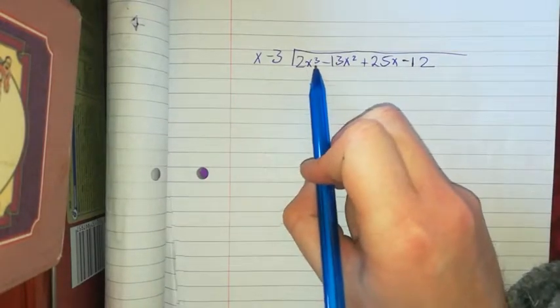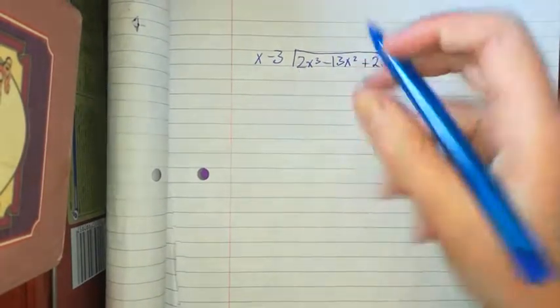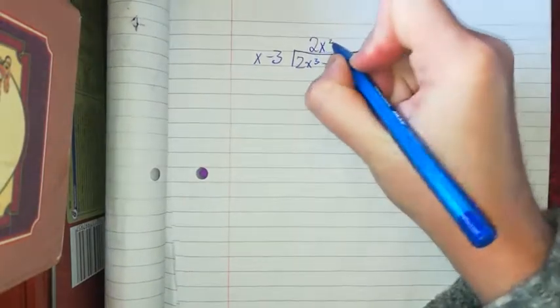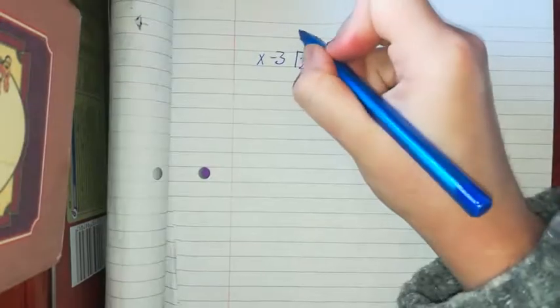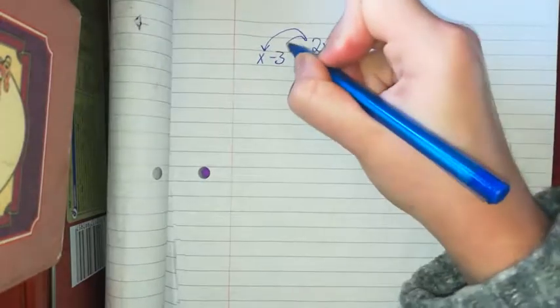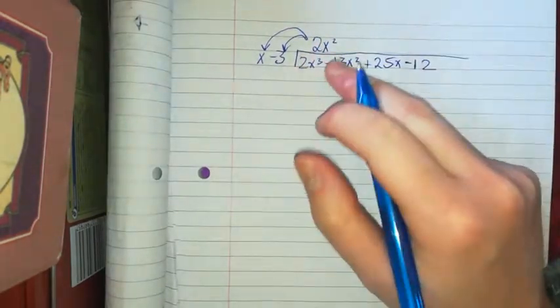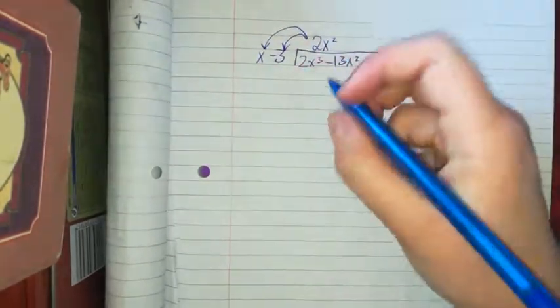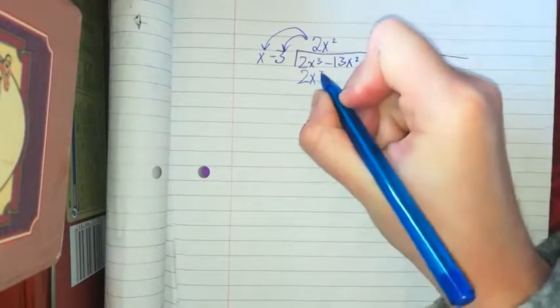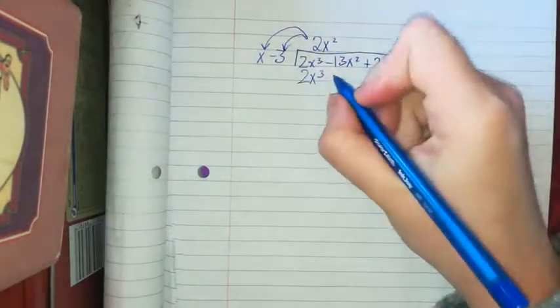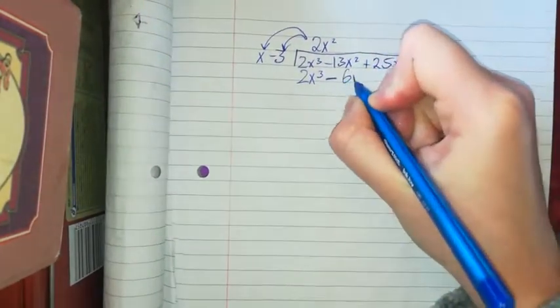We get 2x squared, and we put that up here. Then we multiply our 2x squared by x and by minus 3. 2x squared by x is 2x cubed, and 2x squared by minus 3 is minus 6x squared.